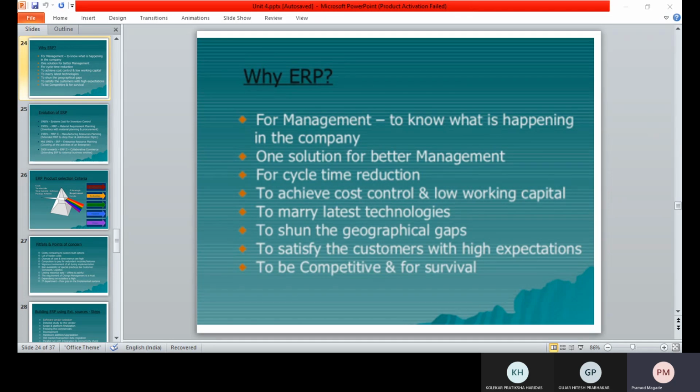So it can cover the geographical gaps very easily. And then it satisfies customers with high expectations. If any suggestion comes from their side, we can implement it, and include that implementation in ERP also.